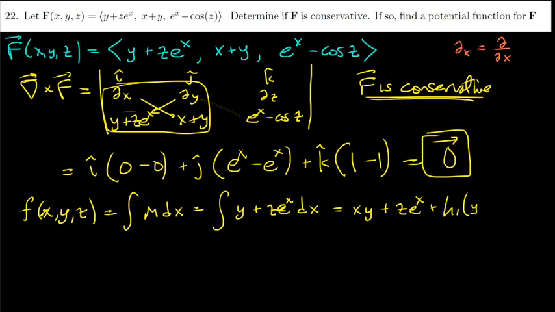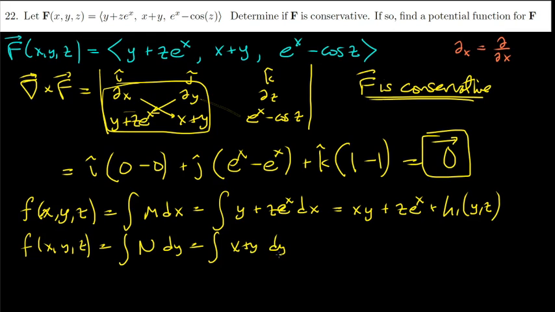Any function of either y or z or both. Right? Okay. And then we integrate n with respect to y. So that's x plus y. With respect to y, we get xy plus 1/2 y squared plus some function, I'll call it h2, of either x or z, or both.